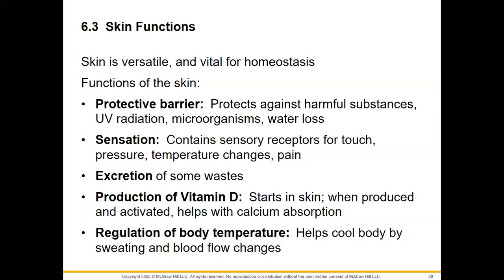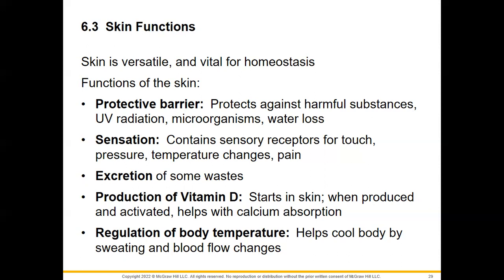As a protective barrier, it is a shield that keeps out harmful substances, UV radiation, and microorganisms. You might hear me call them bugs. It also protects the tissues deep to the skin from losing so much water to the atmosphere.